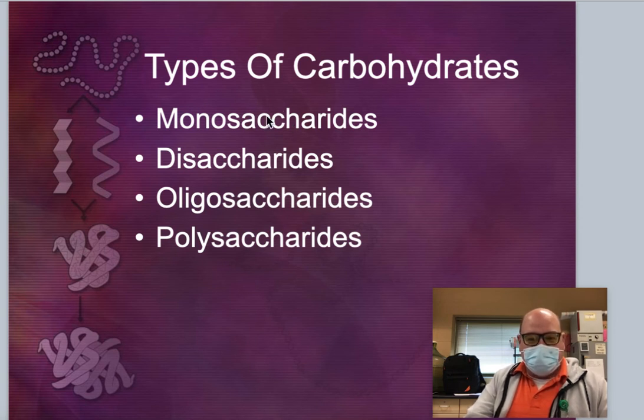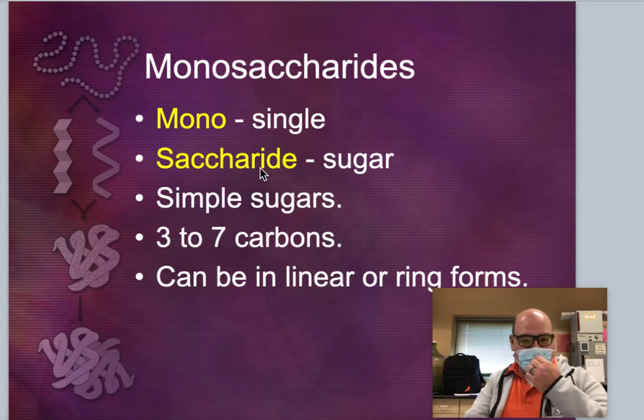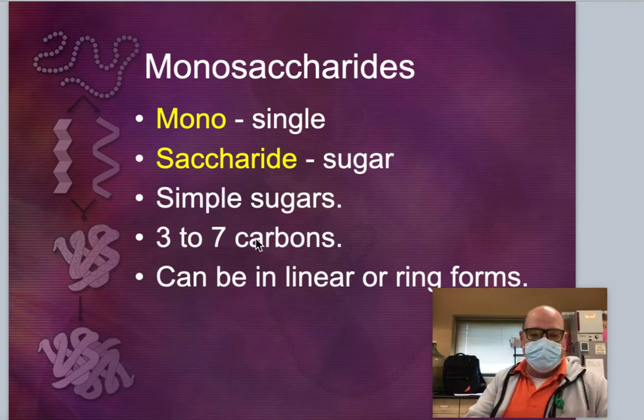And I think when you say sugar in Spanish, it sounds similar to sac. All right, so monosaccharides are single sugars. I just broke down the word for you there. And they usually contain between 3 and 7 carbons. So using that rule there, if you get more than 7, you're probably getting something bigger than a monosaccharide.